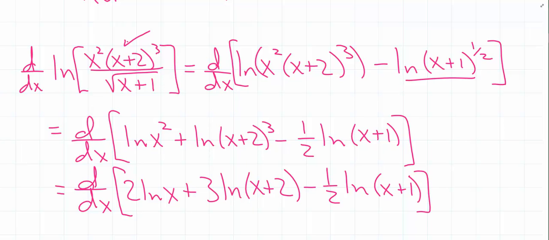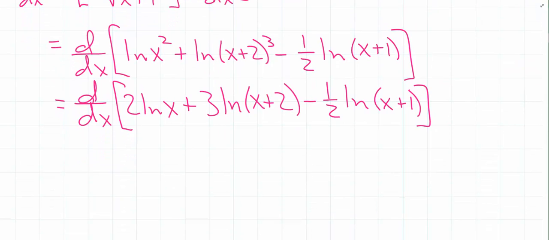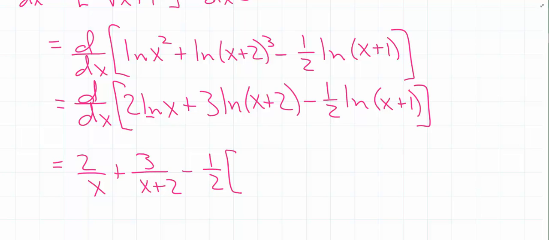Now, all of a sudden, that problem that looks so intimidating, once we applied the properties of logs to it, an infant could differentiate this. So look what happens. The derivative of this is just going to be 2 over x. The derivative of this is going to be 3 over x plus 2. The derivative of this, negative 1/2 times 1 over x plus 1. That's the derivative. And you're done. That's it.